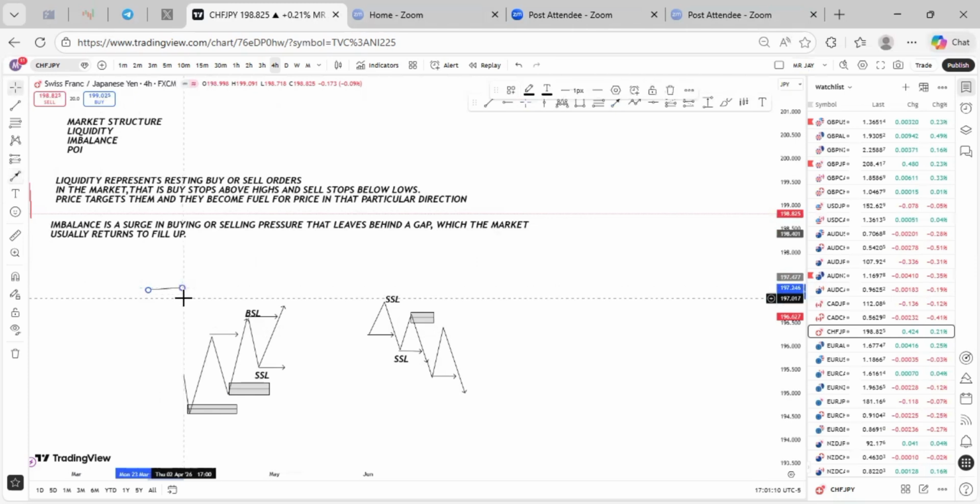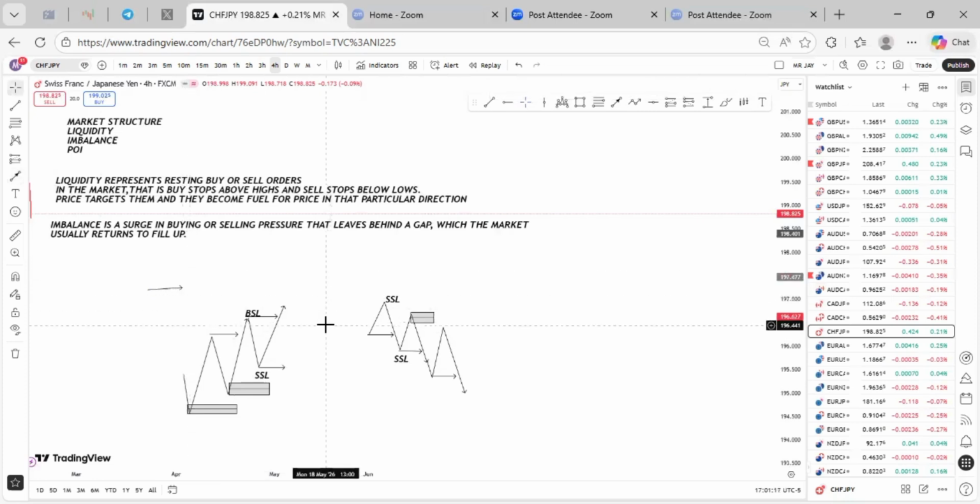After that, we'll be looking at imbalance. I'm trying to give us all the definitions before we get straight to the main strategy, and I'm trying to keep this video from being long. The next one is imbalance.